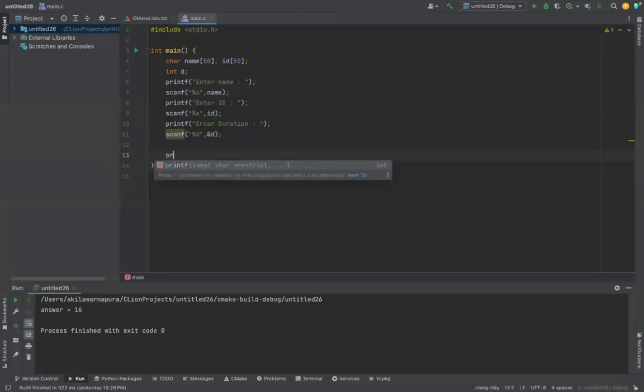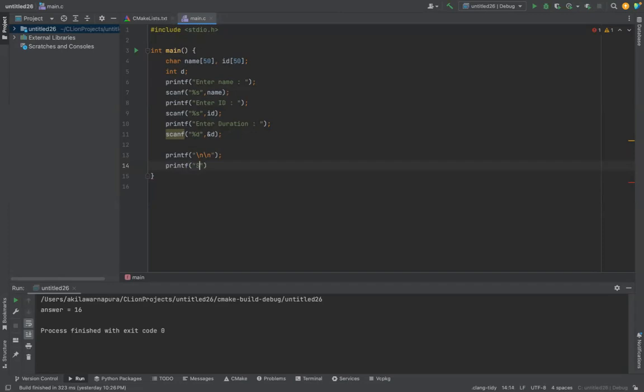We can use printf. First of all, let's take a little gap, \n and \n, two new lines. After that, we can display our records.